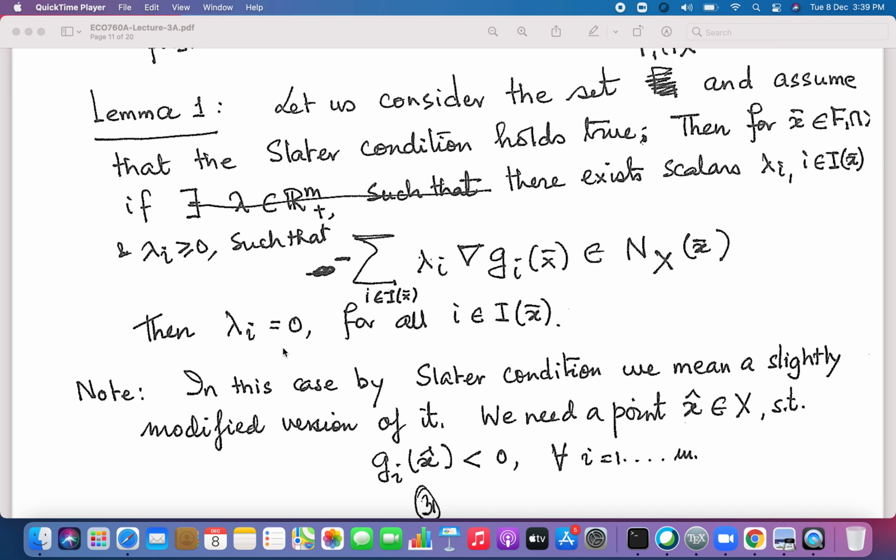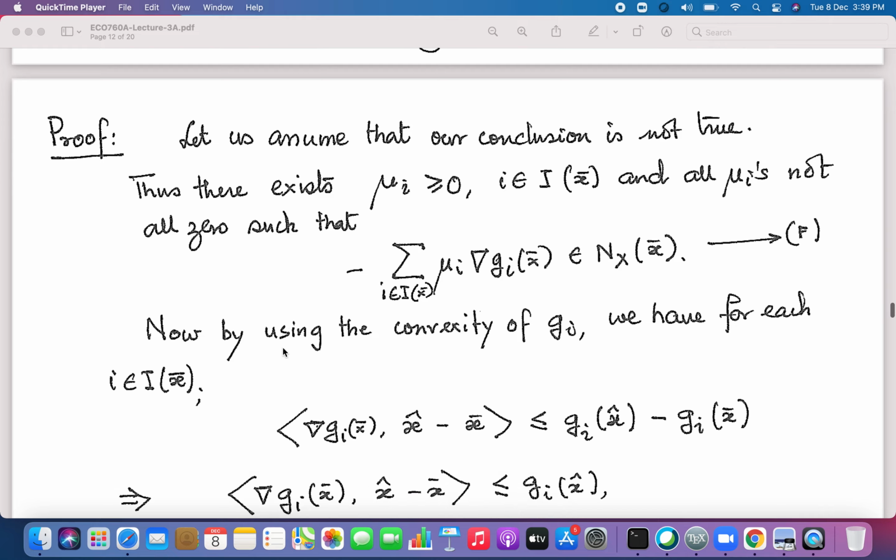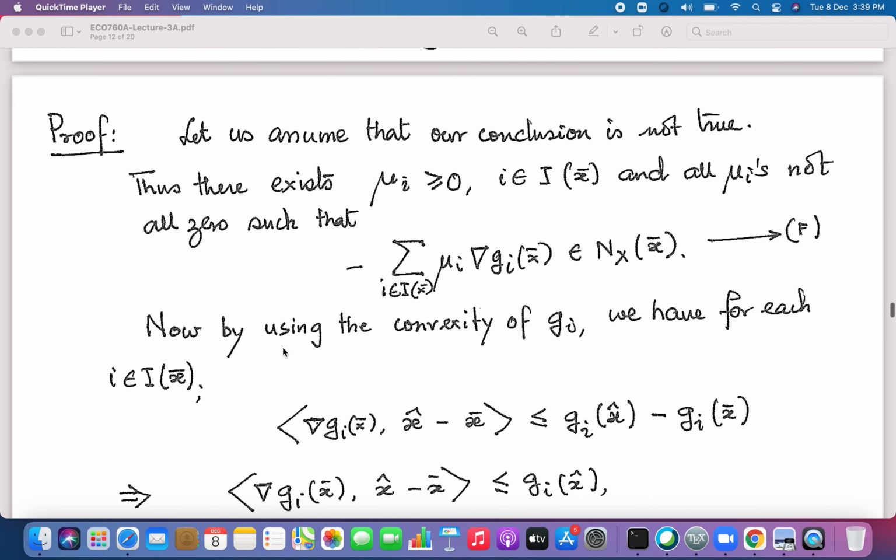That is what the result says. Proving is very, very simple. We keep doing the same thing over and over again, the proof by contradiction methodology.